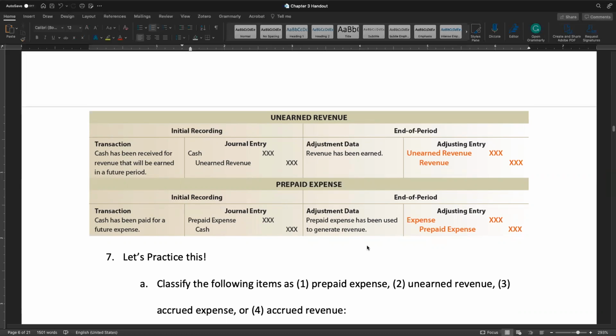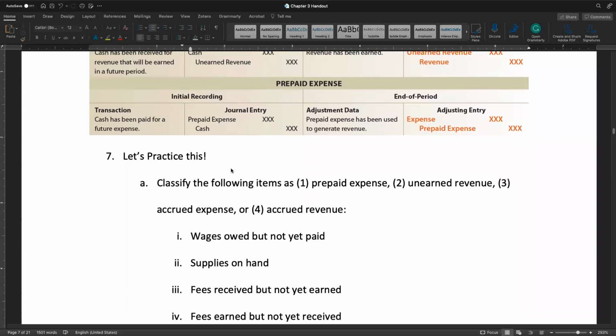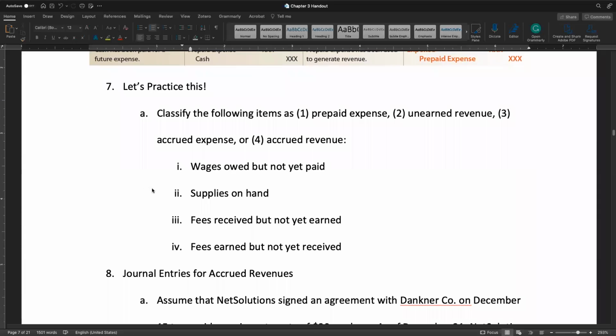So we're going to practice classifying these different types of transactions. On your homework, which will open at like 4:30 today, or some point today, when I get a chance to go in and open it, you're going to have several problems like this, where you're telling Cengage if something is a prepaid expense, unearned revenue, accrued expense, or accrued revenue.